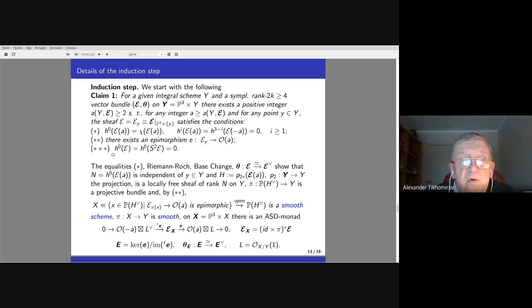And assume, and we can also impose the conditions that E has no sections and respectively the square of it has no global sections.